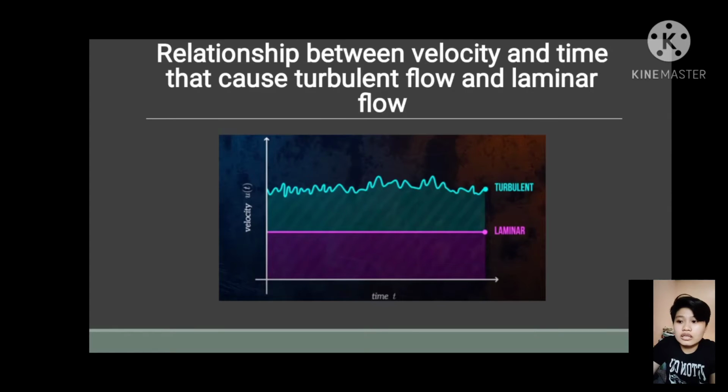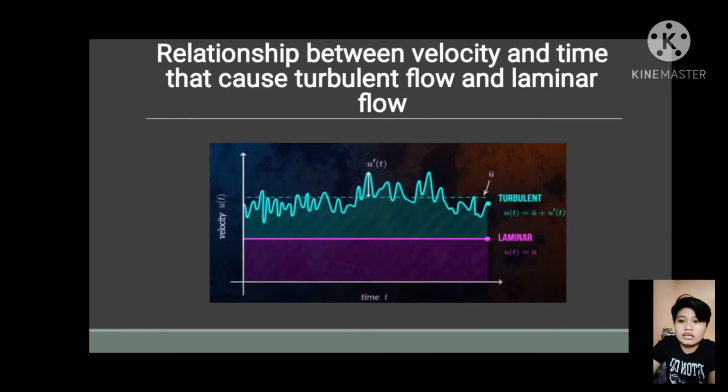As you can see, laminar has a straight line because it has a constant velocity, while turbulent flow has a difference in velocity with respect to time, which is the fluctuating component. So the larger the fluctuating component, the more turbulent the flow.